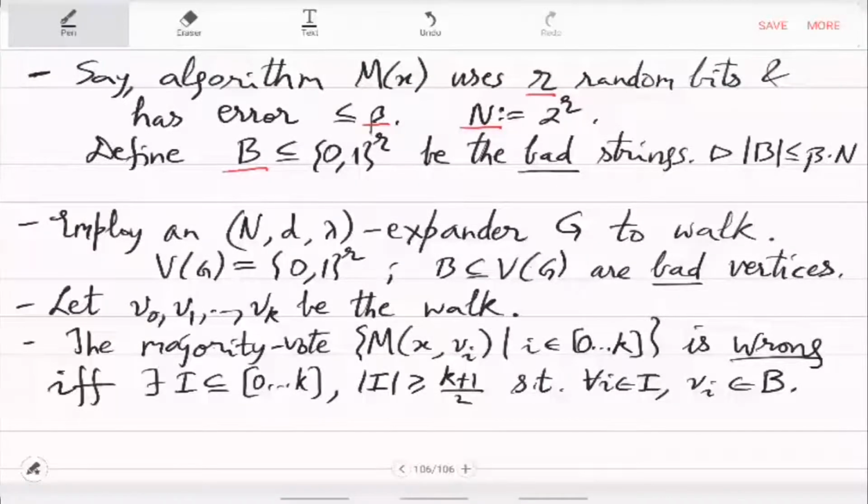So the probability of this happening in the random walk, the probability of this event, that there is an I of size (k+1)/2 such that for all i in I you are stuck in Vi, is less than the number of possibilities for I, which doesn't exceed the number of subsets, which is 2^k.